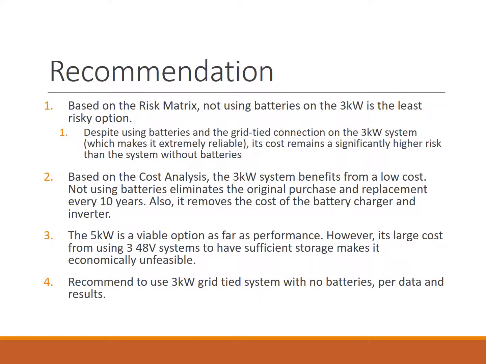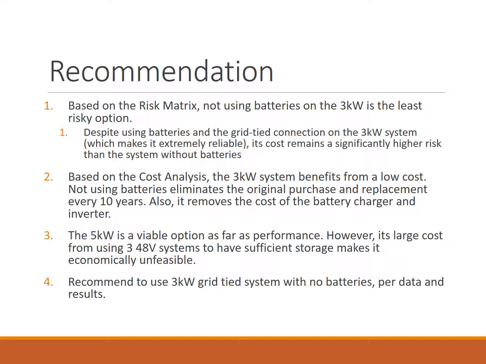And my recommendation, based on the risk matrix, is that not using batteries in the 3 kilowatt system is the least risky option. Also, based on the cost analysis, the 3 kilowatt system benefits from a low cost. Not using batteries eliminates the original purchase and a replacement every 10 years. Also, it removes the cost of the battery charger and the inverter. The 5 kilowatt is a viable option as far as performance.